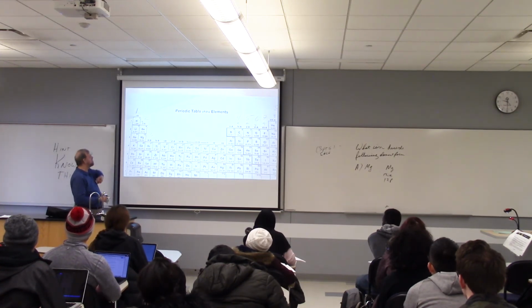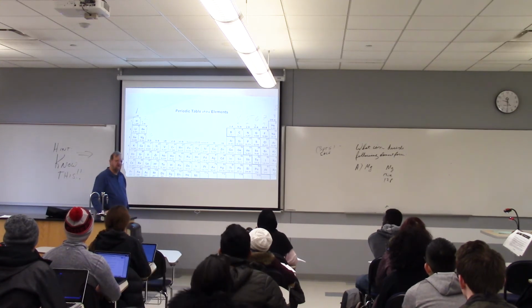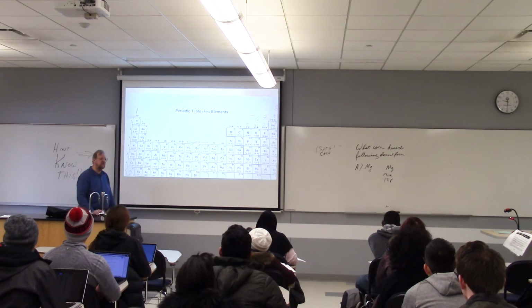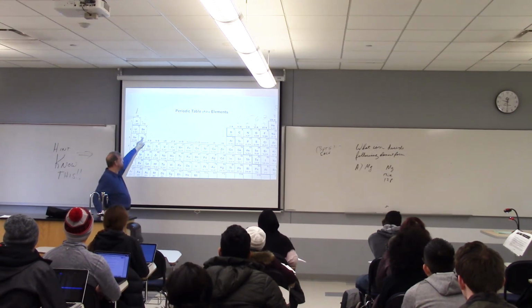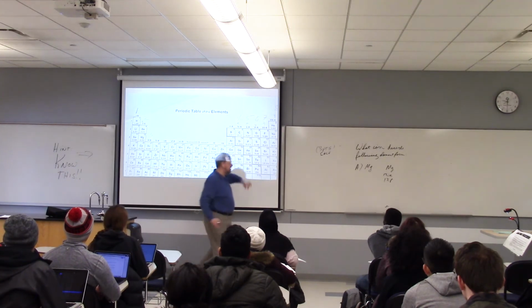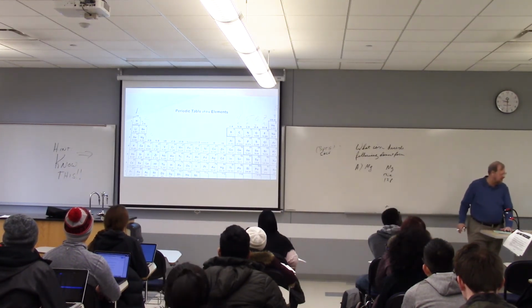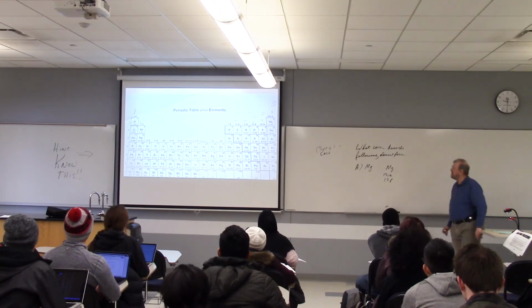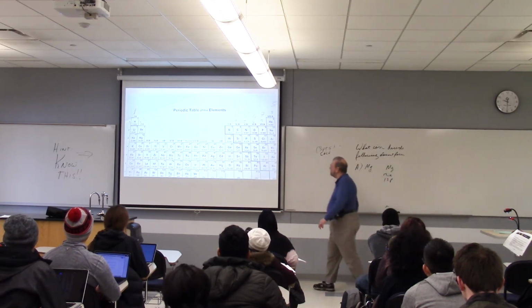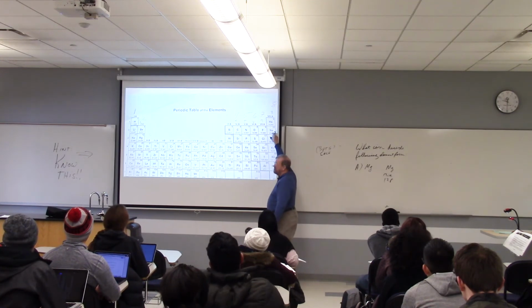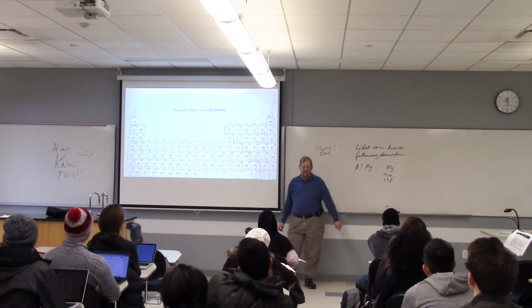And now the question is, what ion does it form? Well, it wants to have an octet, the same as the nearest noble gas. How do you define nearest? The one with the closest atomic number. You've got two choices. Here's magnesium. It could be argon at 18, and you have neon at 10.